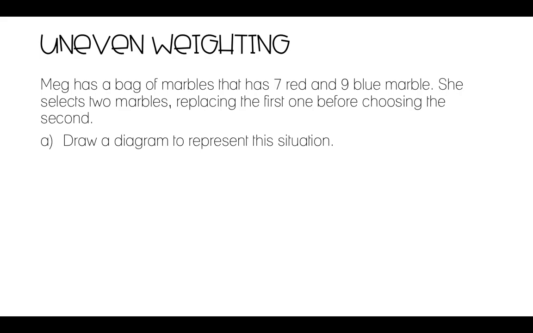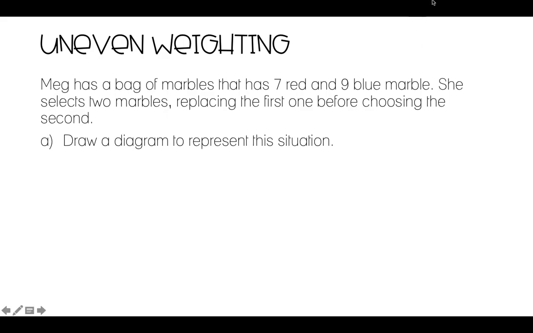Now let's do one final example using probabilities related to unevenly weighted outcomes. So here we have 7 red and 9 blue.